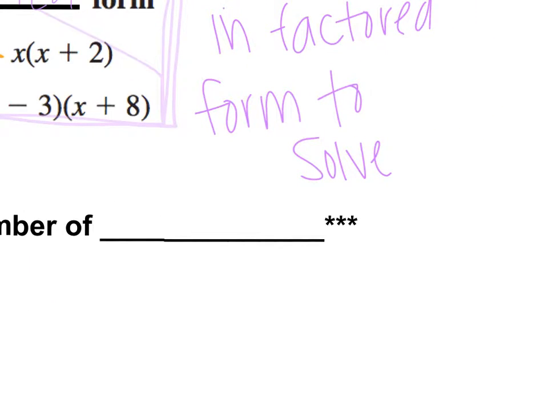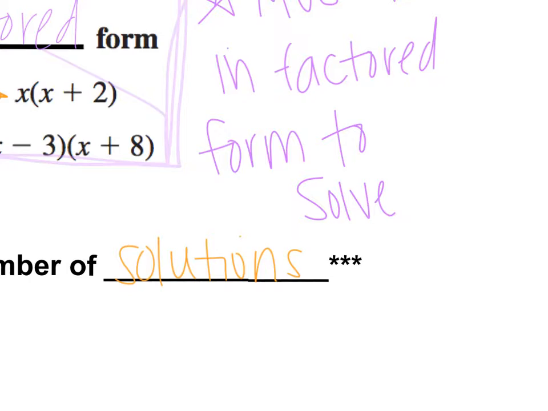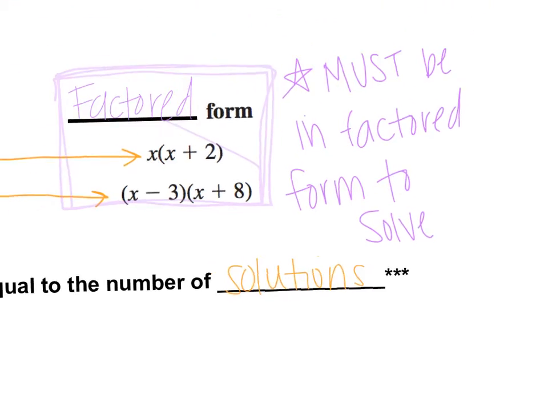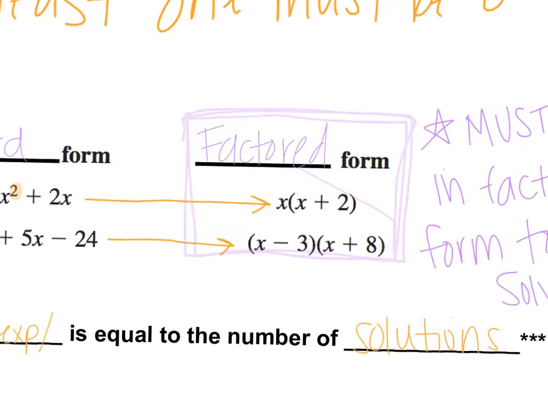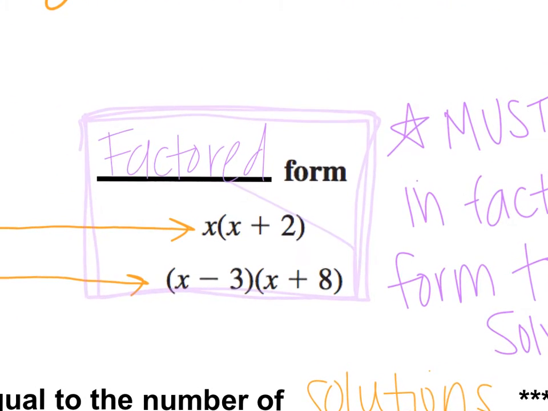So we're solving today. So the number of solutions will be based on the degree. However, since I didn't have you memorize the degree, we need to come up with a different way to think about how to know how many solutions there are, right? So, since we're solving in factored form, that is going to come from this form.